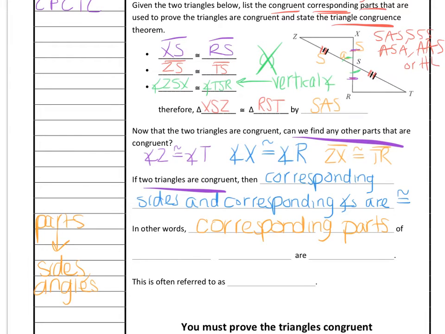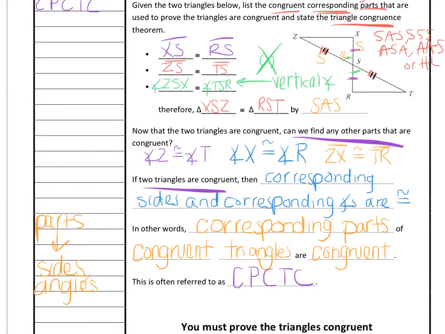I guess it's an and or statement. All right, corresponding parts of congruent triangles are congruent. This, again, is often referred to as CPCTC.